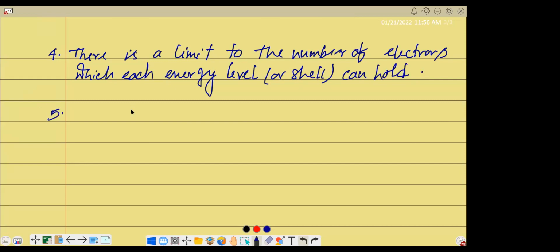For example, the first energy level, the K shell, can hold a maximum of 2 electrons, the second energy level 8, the third 18, and the fourth 32.